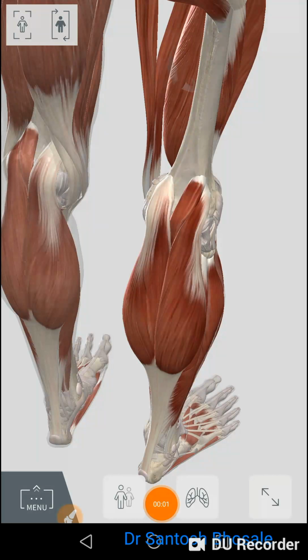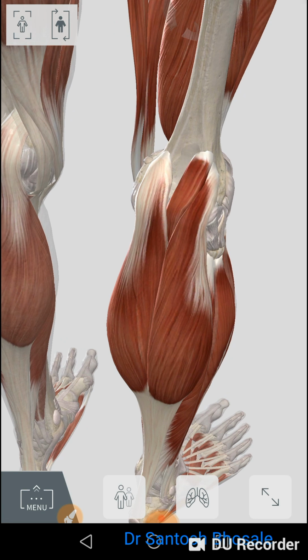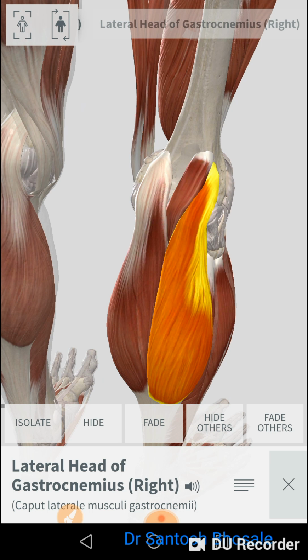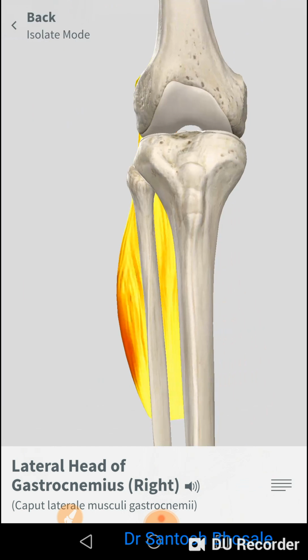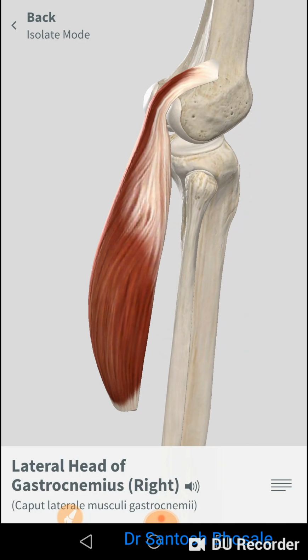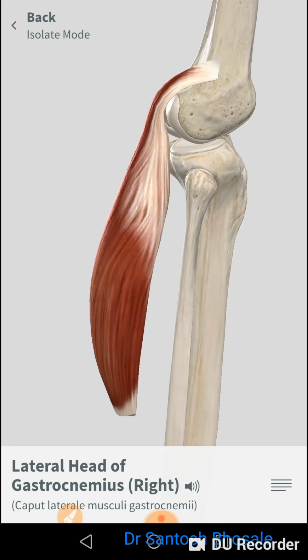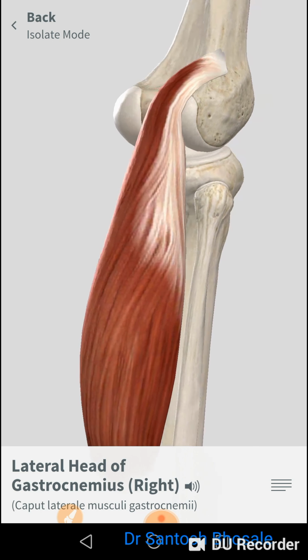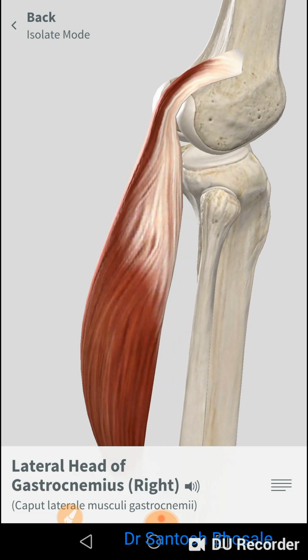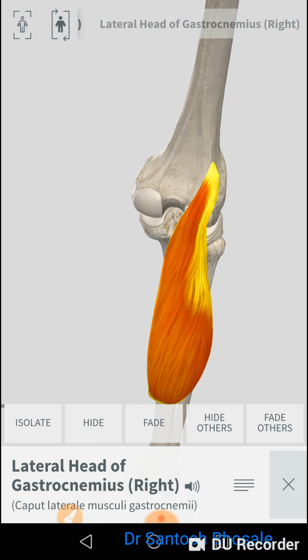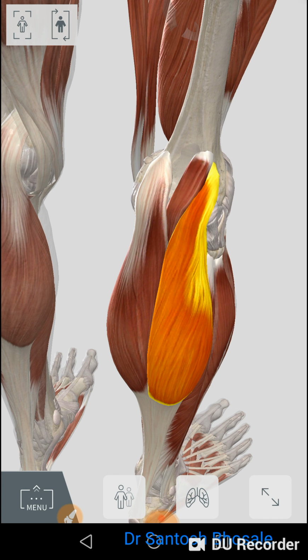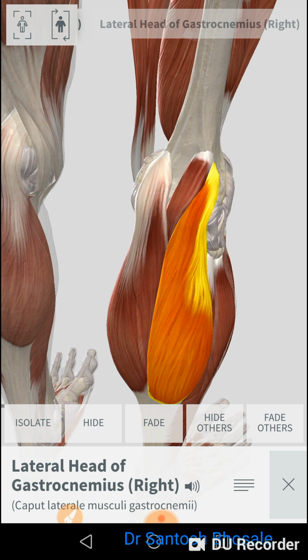Coming to the attachments of the lower end of the femur, you can see here the lateral head of the gastrocnemius takes origin from the lateral supracondylar ridge and also from the lateral condyle, and there is also attachment of the popliteus muscle.